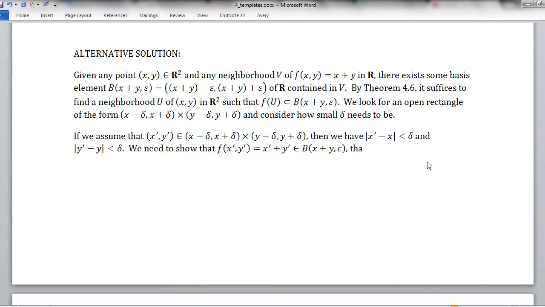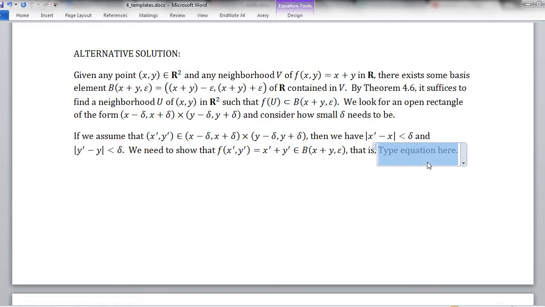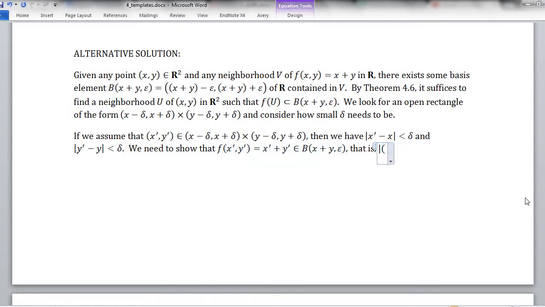Or in other words, we need to show that the distance from x' plus y' to x plus y is less than epsilon. Absolute value of x' plus y' minus (x plus y) is less than epsilon.